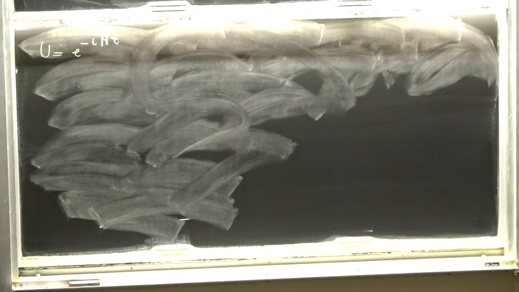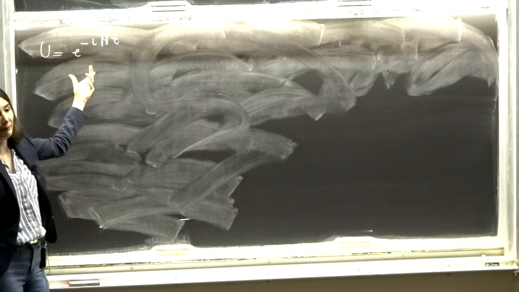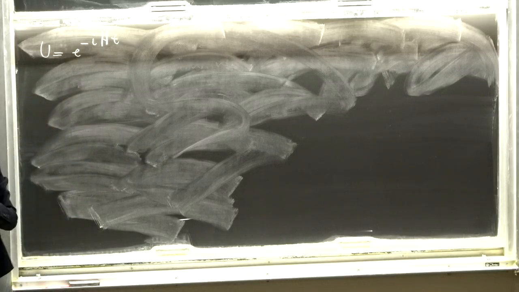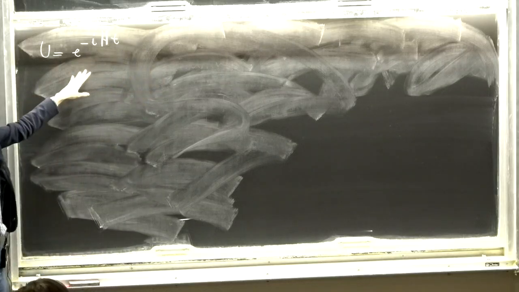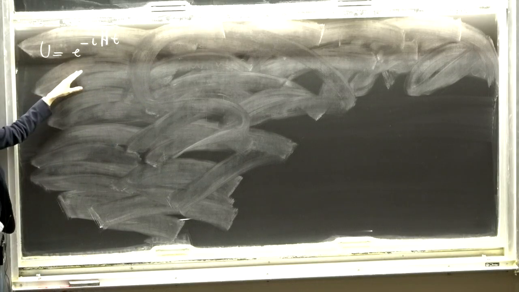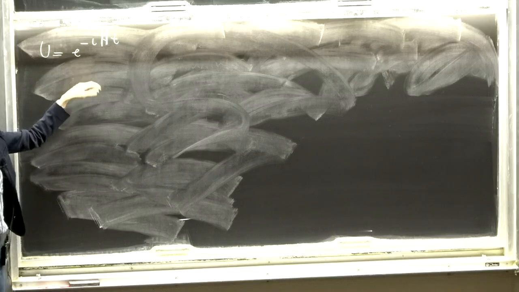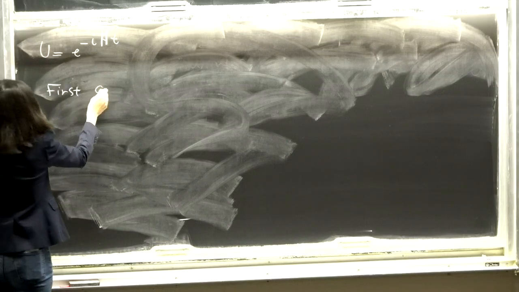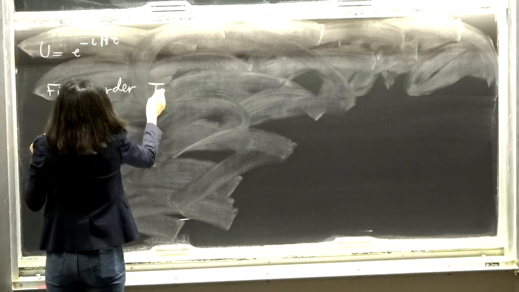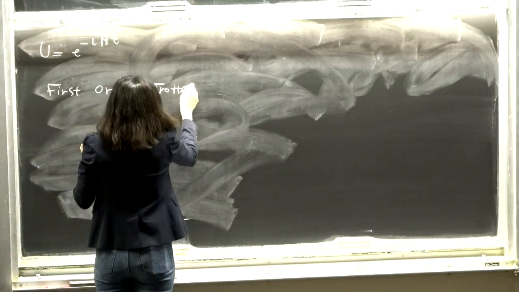As I said yesterday, Trotterization is a very common algorithm. It's not the only one. In fact, it's not asymptotically the best algorithm out there, but it's the simplest. It may also be asymptotically the best, but we don't know yet because it's very hard to calculate the error associated with the decomposition. So let's talk about first order Trotter or product formula.